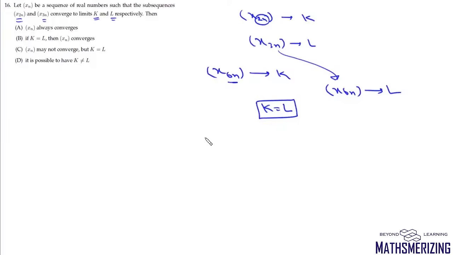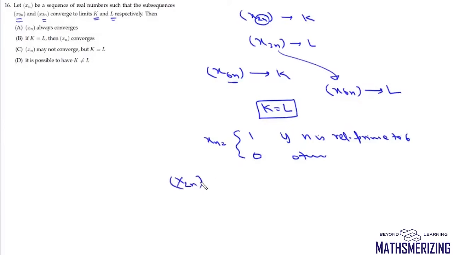Say we are given the sequence xn, and xn is 1 when n is relatively prime to 2, 6 and 0 otherwise. So if we write the sequence x2n, then it'll contain all these numbers 1, 1, 1, 1.